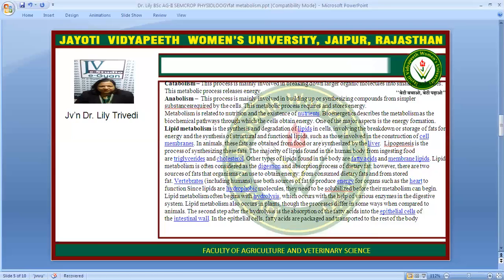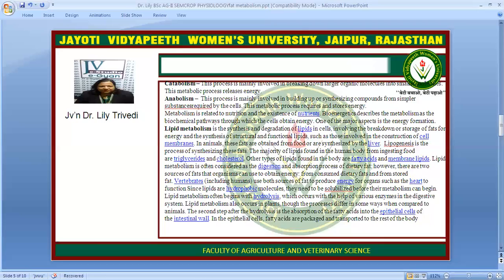In animals, these fats are obtained from food and synthesized by the liver. So lipogenesis is the process of synthesizing fats. Now, the majority of lipids in the human body are triglycerides and cholesterol. Other types of lipids found in the body are fatty acids and membrane lipids.